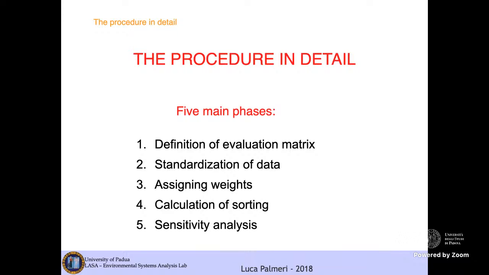Then you proceed to the second step, that is standardization of data, because you want to be able to make some kind of numerical elaboration on your data, so the criteria should be standardized, and we will see soon what we mean by that. Third step, assignment of weights. So not all the criteria are equally weighted or equally important.